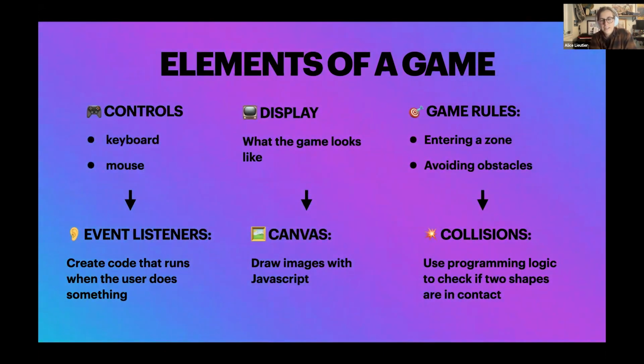Down there are the 3 main tools we'll look at to make that happen. For controls, we're going to look at event listeners, which is basically the JavaScript way to say, when the user does this, run this code. We're going to look at Canvas, which is the part of JavaScript that deals with drawing images on the screen.